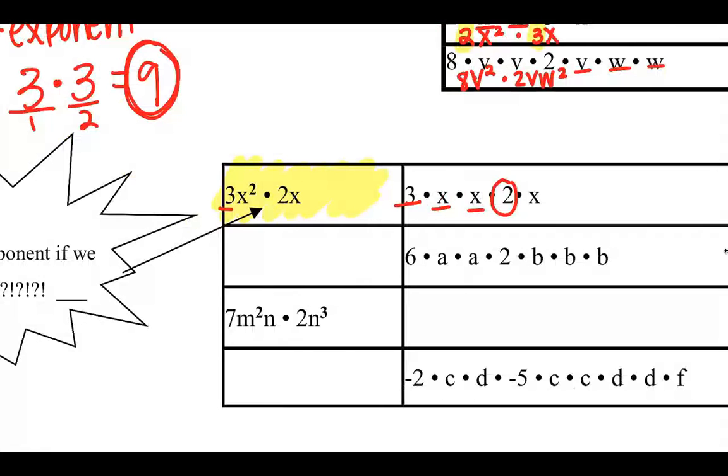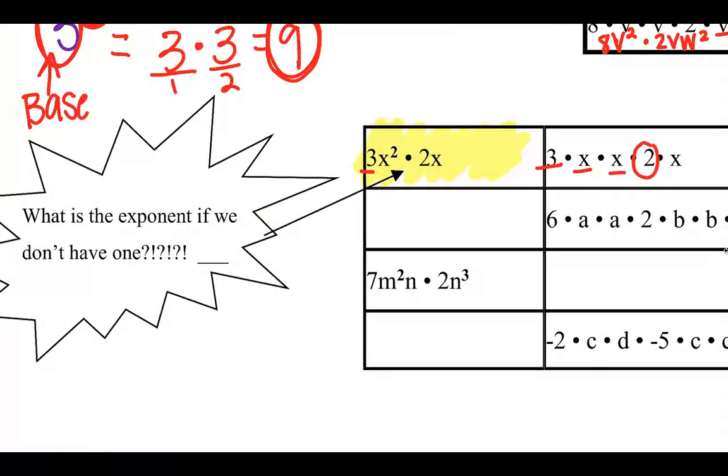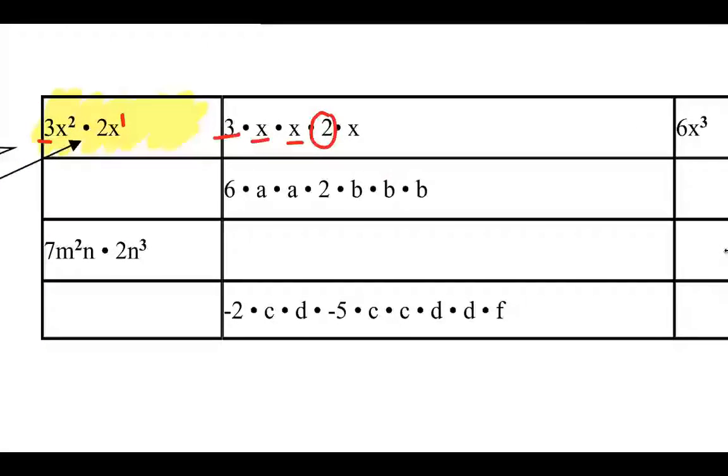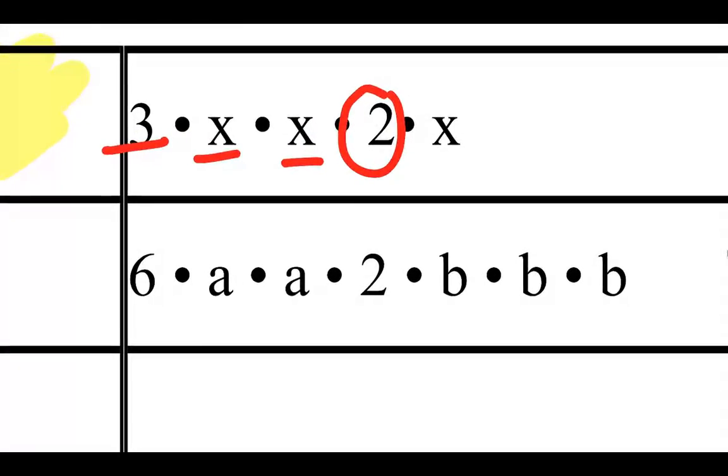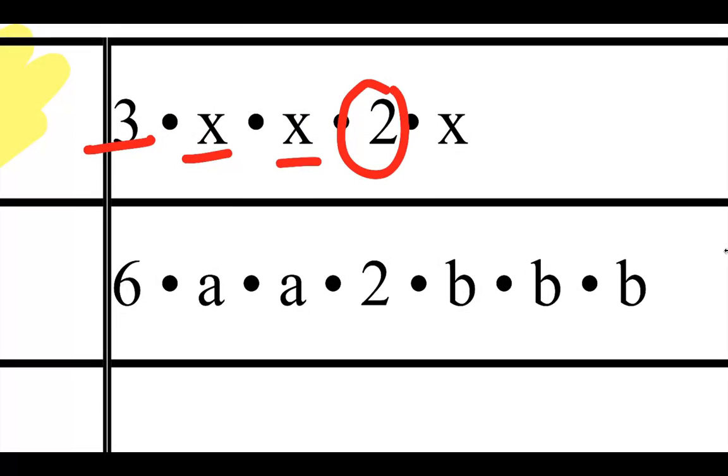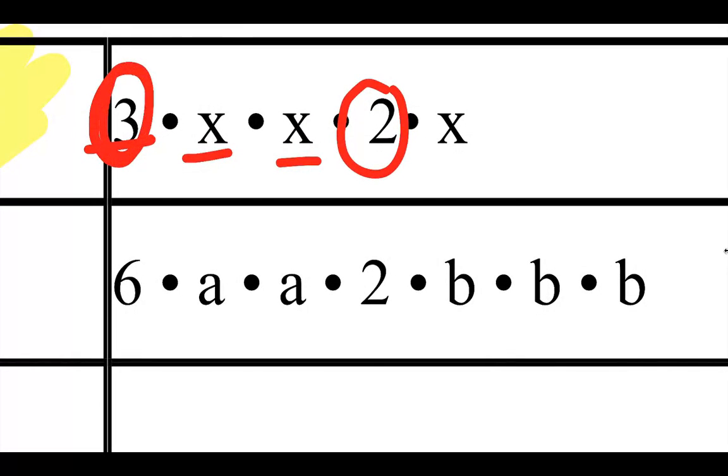So what is the exponent if we don't have one? We already talked about that here. This is just to the power of what? 1. So we already talked about that. We can now simplify this further. I've got a 3 and I've got a 2. I can multiply those 3's and 2's together.